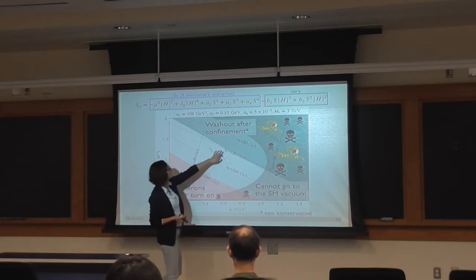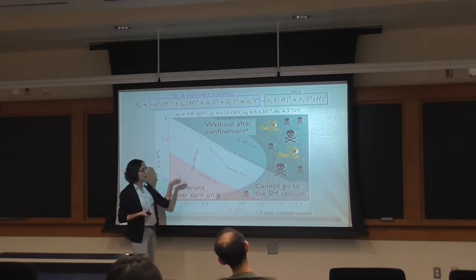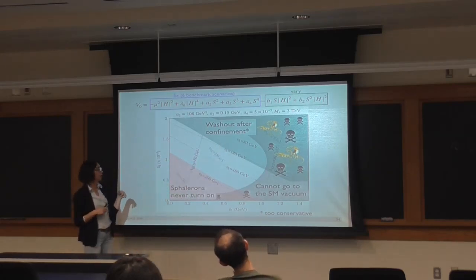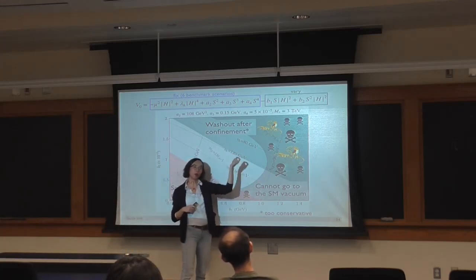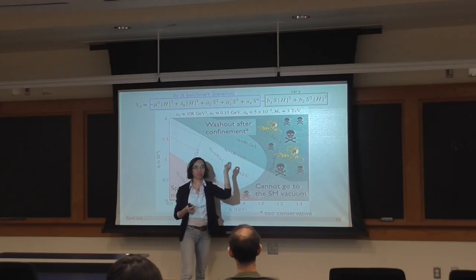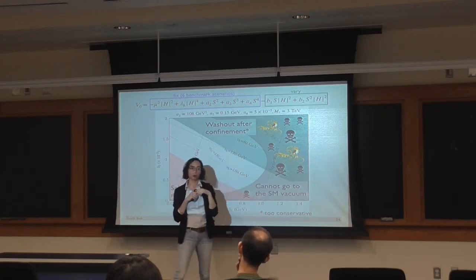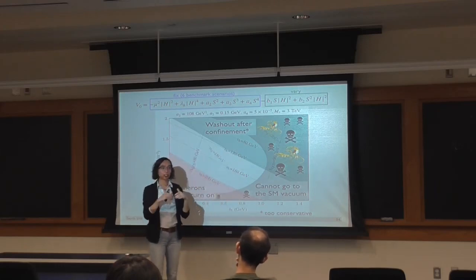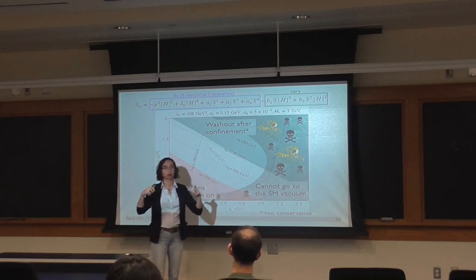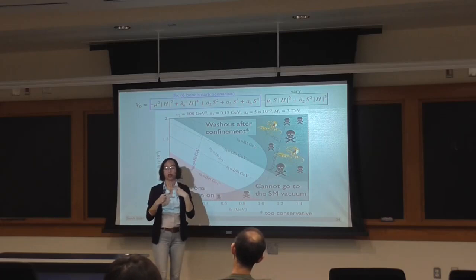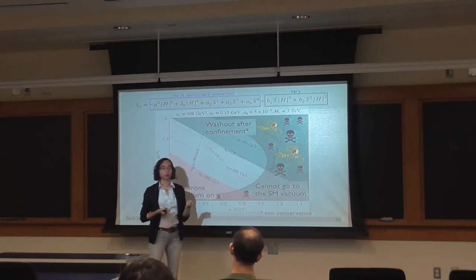Whereas in the blue region, the Higgs vev below confinement is non-zero, but it is still quite small, especially compared to the temperature. So even though the sphalerons will be exponentially suppressed, that suppression might not be large enough. So even inside those bubbles I told you about, you could be washing out a baryon asymmetry.